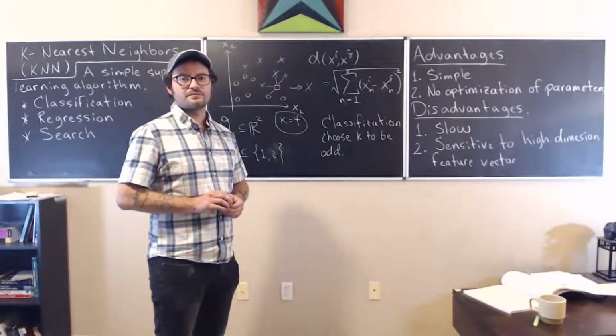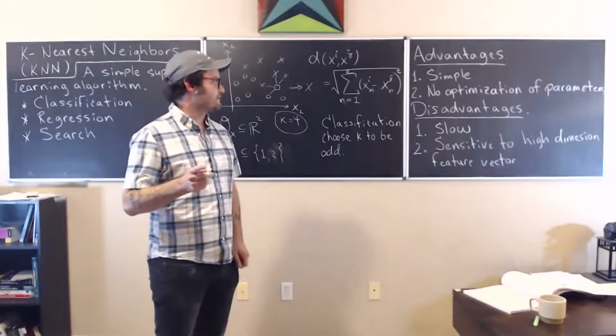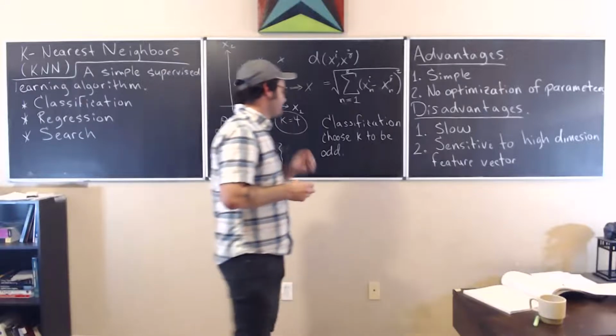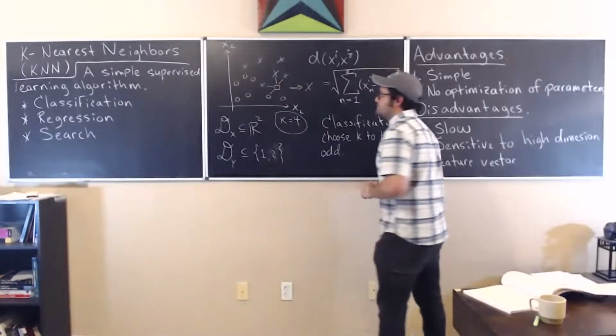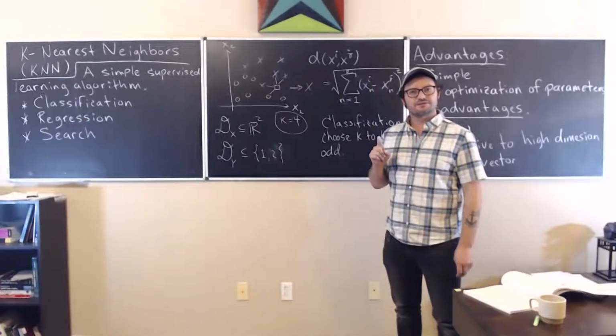I have a question about how you choose your K. So I was going to get to that when we were programming, but we can talk about that now. You can imagine if you chose K to be 1, you might have a lot of errors.